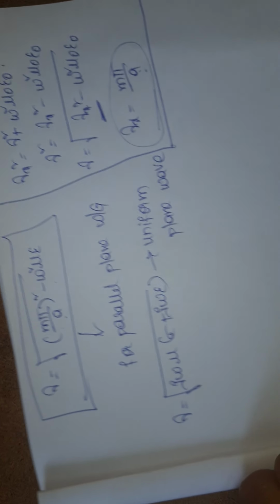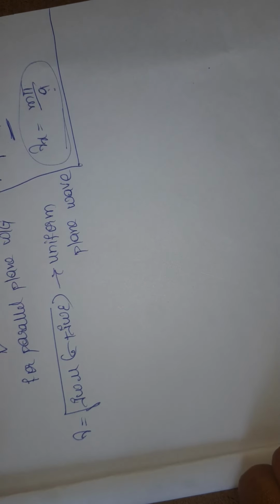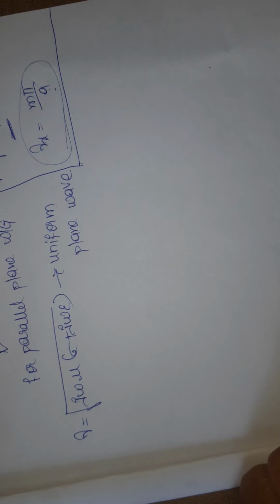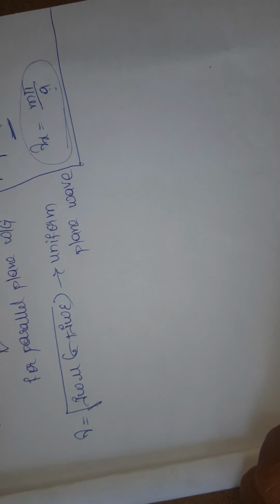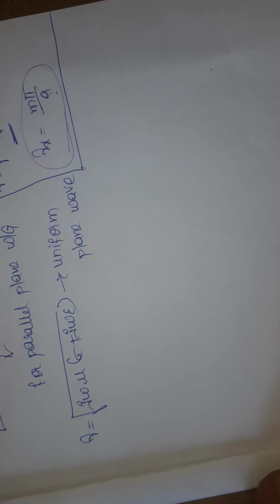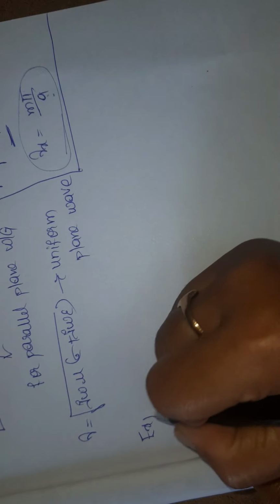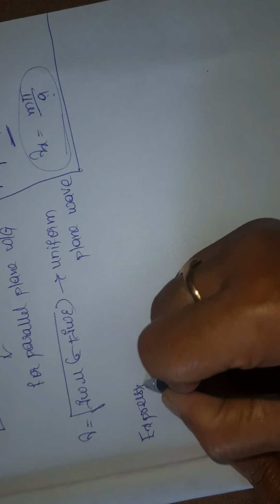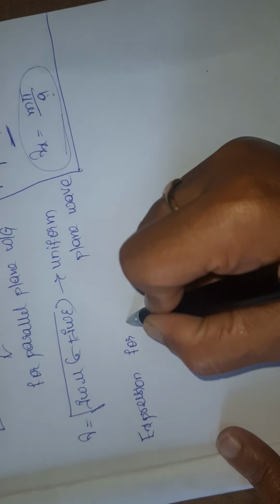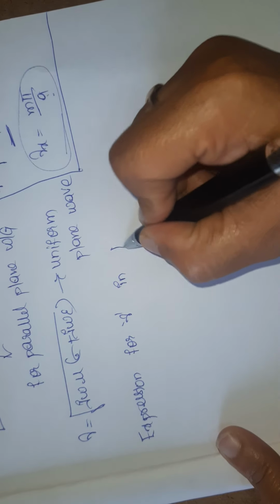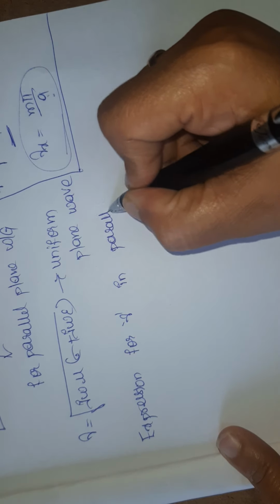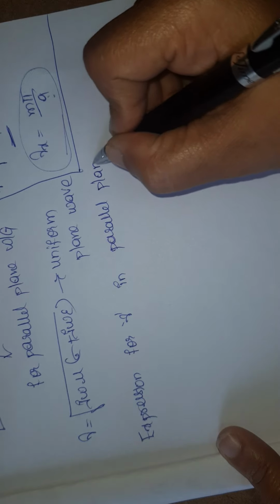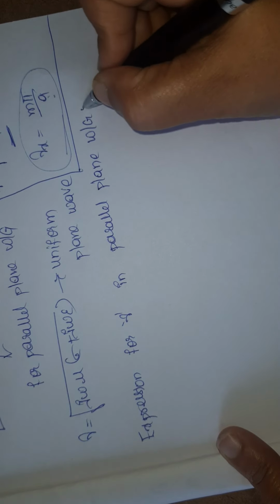Now we'll see how we got this gamma x as m pi by a. That is the expression for gamma in parallel plane waveguide.